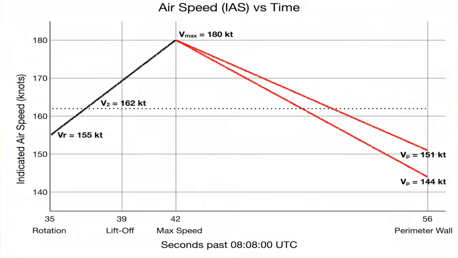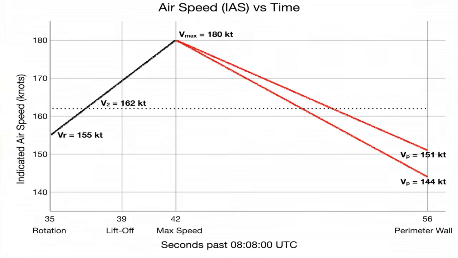However, this trend does not continue. By the time the aircraft reaches the airport perimeter wall, the estimated airspeed has decreased to approximately 144 to 151 knots indicated airspeed, which is well below V2. This implies that from 08:08:42 onwards, the aircraft is no longer gaining energy.